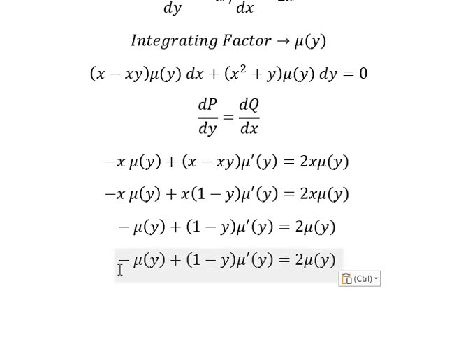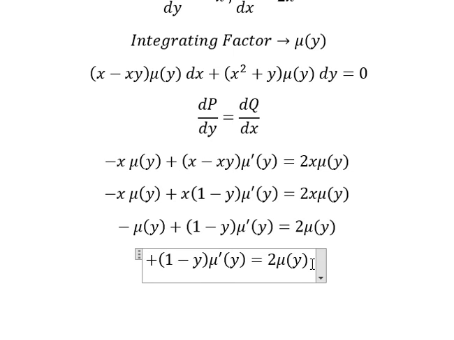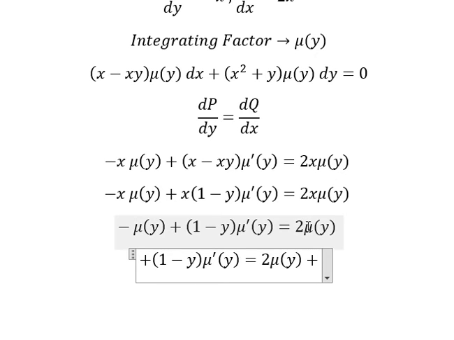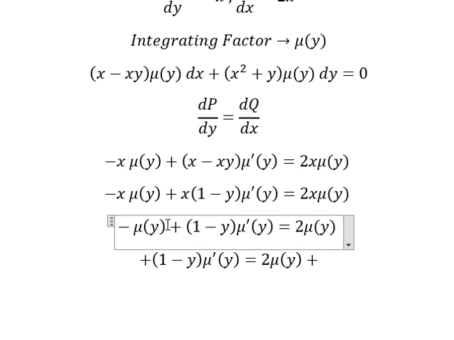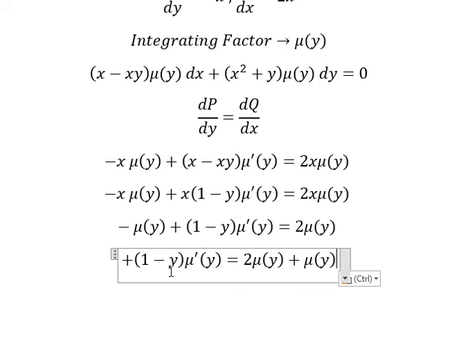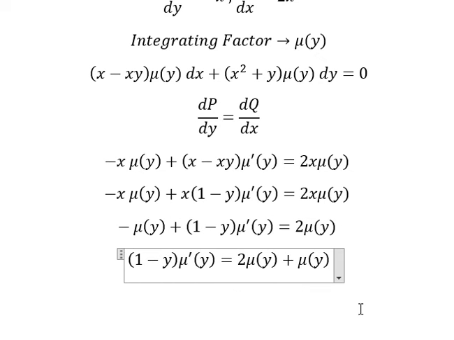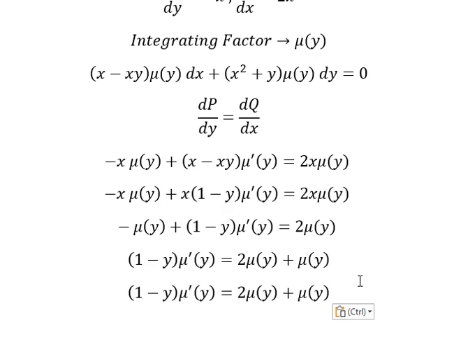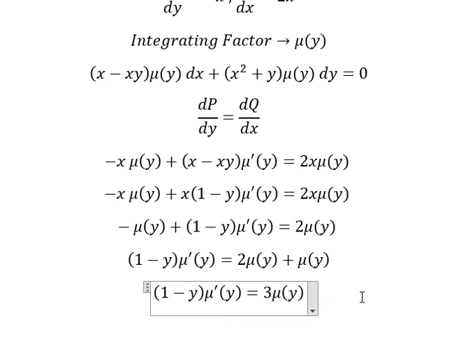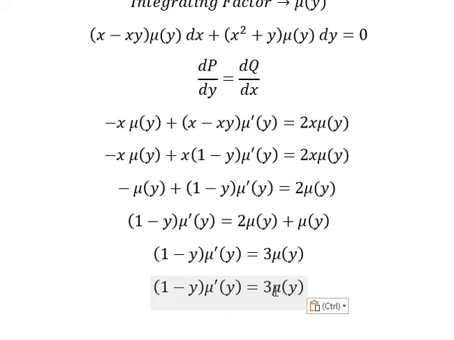Next, I will put this one go to the right, and we have positive mu y. So this one in here we have 3 mu y. Next, we divide both sides by mu y and 1 minus y.